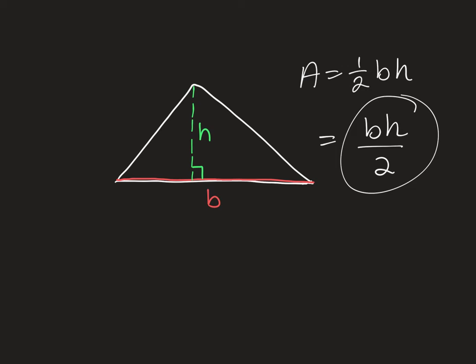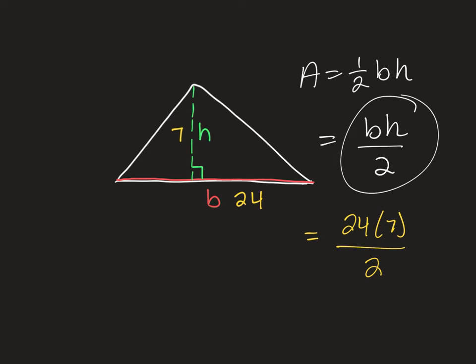Okay, so let's practice. So somebody give me a number. 24. 7 and 24, okay. So again, we're going to do 24 times 7. It doesn't matter what order you multiply in. And then divide it by 2.